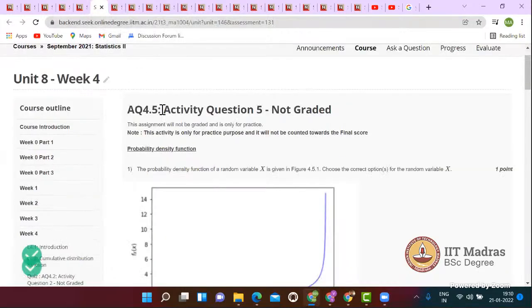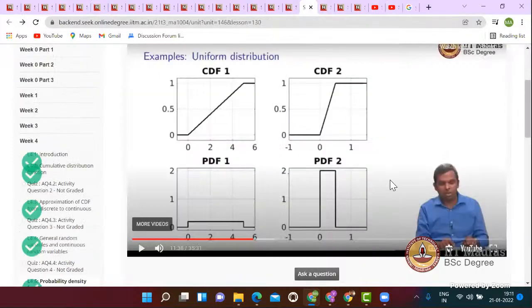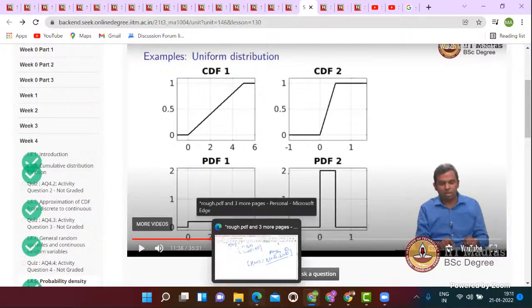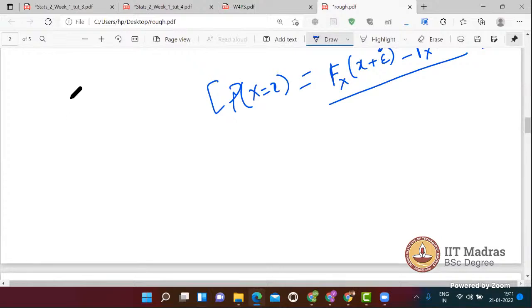From the PDF, 1 upon b minus a, how is the probability of x taking a particular value and a PDF different? 1 upon b minus a would be the function value.